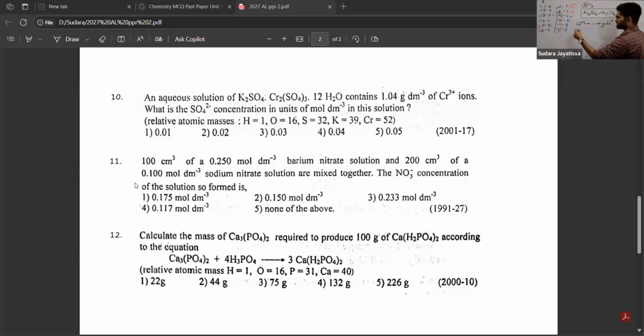They are asking the sulfate concentration in moles per decimeter cube. That's the question. Okay, let's see how to get the answer quickly. And the molar masses are given: potassium 39, chromium 52, sulfur 32, oxygen 16, hydrogen 1. These values are given.